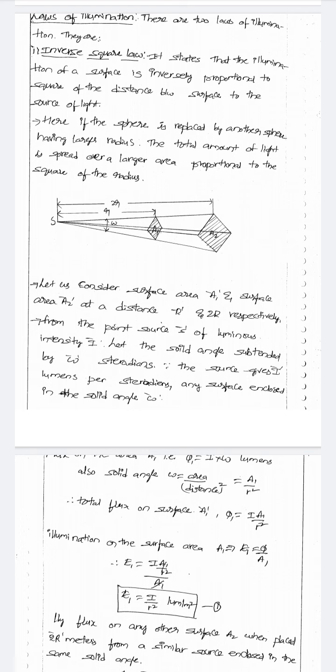If the sphere is replaced by another sphere having a larger radius, the total amount of light is spread over a larger area proportional to the square of the radius.